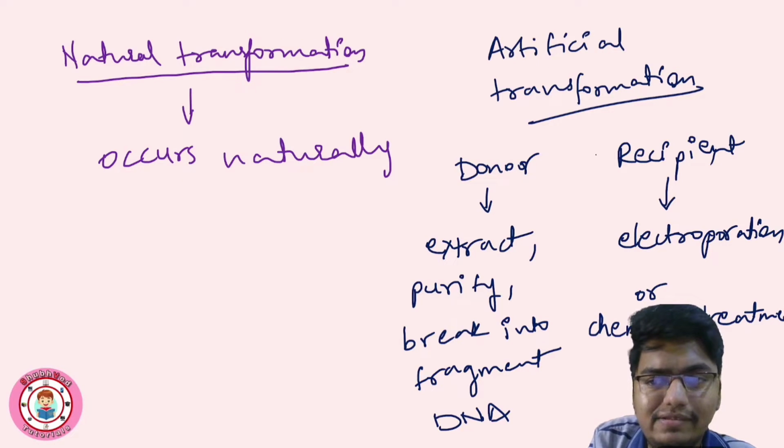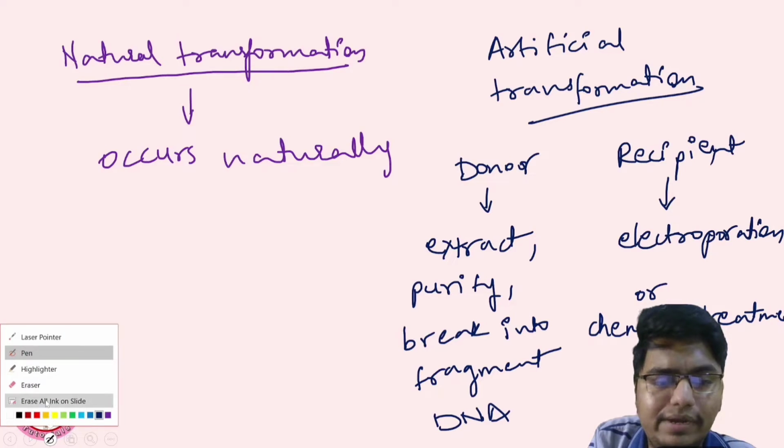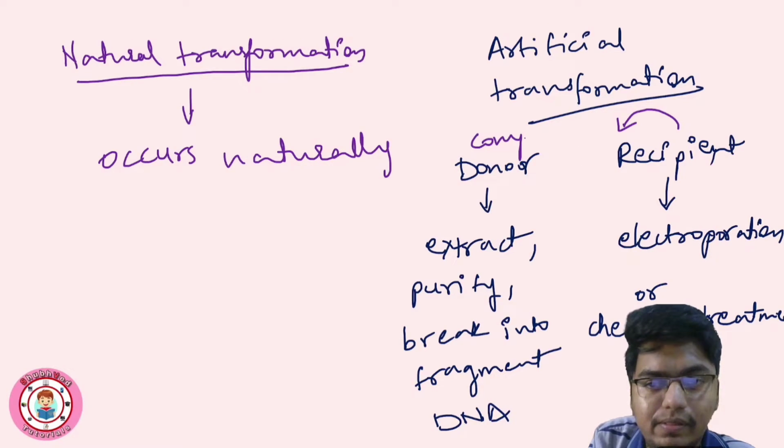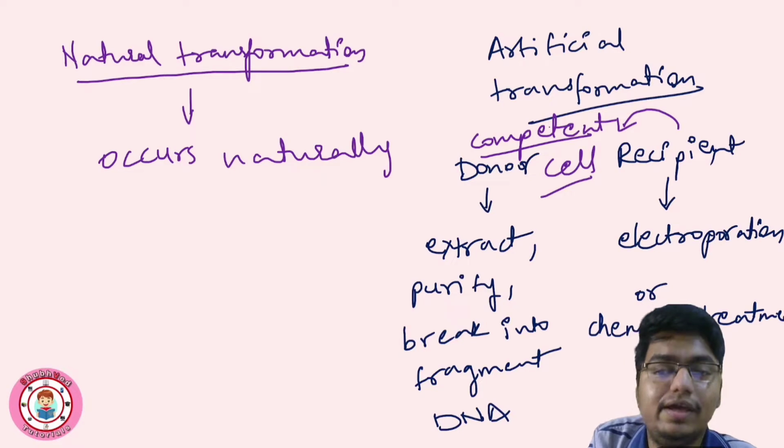After this, the recipient is called a competent cell, because it will compete with the donor. The recipient is known as a competent cell after we make it efficient for transformation.